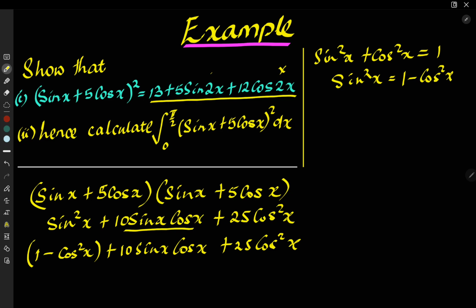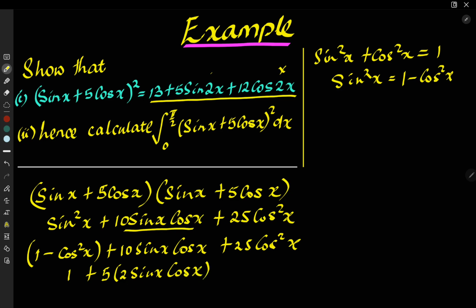Now you can open the bracket and simplify that. You can see that will be 1 plus, so 10 sin x cos x can be easily converted to 5 times 2 sin x cos x.